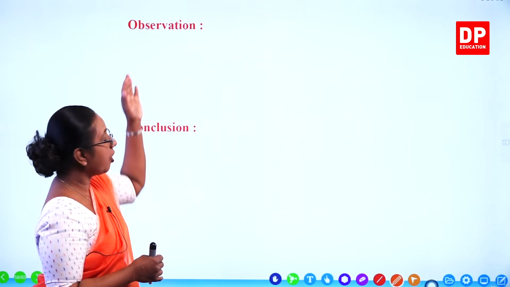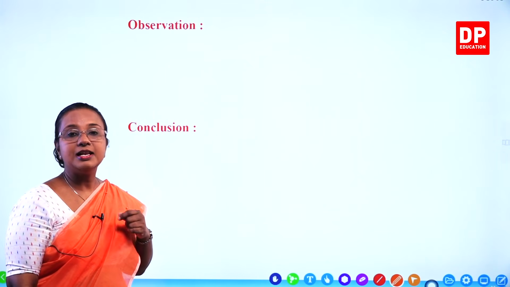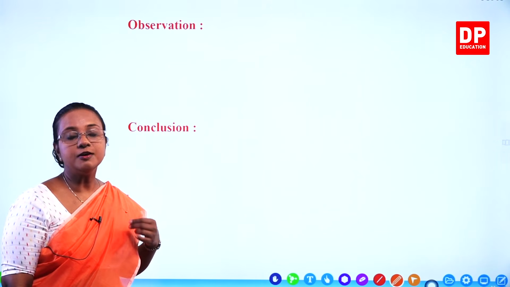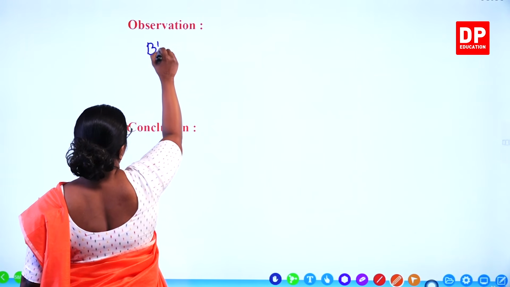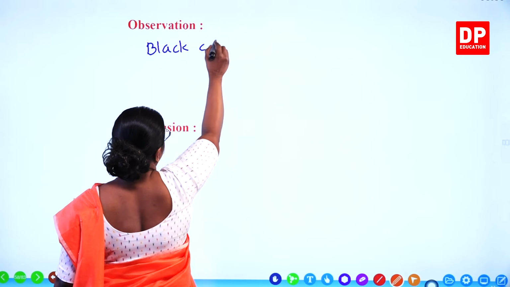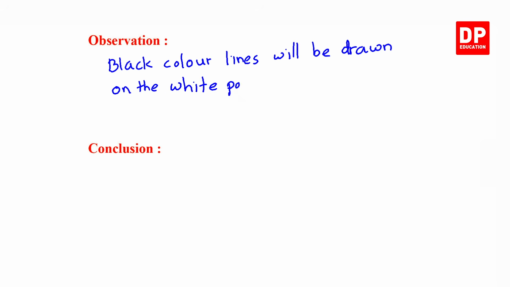So to write down the observation and conclusion, observation will be: black color lines will be drawn on the white paper.